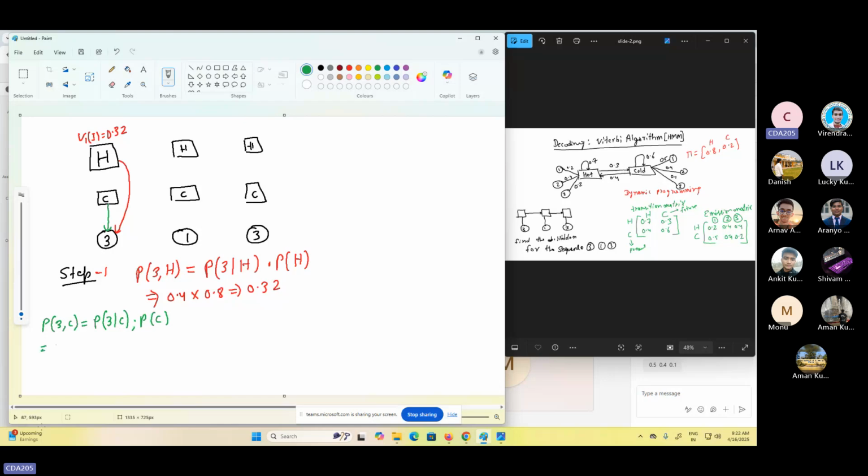It will be 0.1 into 0.2, which is 0.02. So this value V1 is equal to 0.02. Understood how we have calculated this value? Everyone, have you understood?